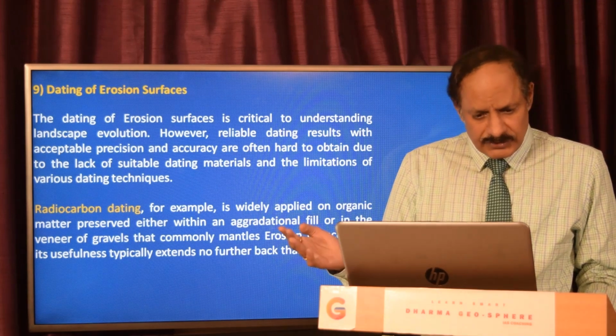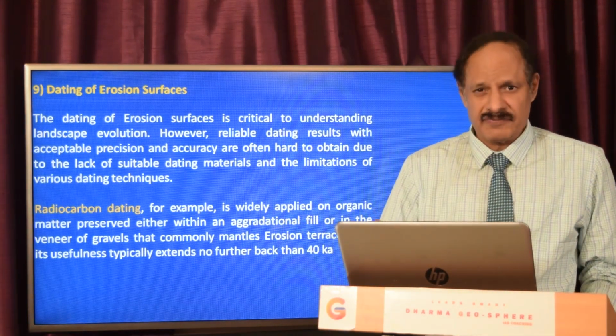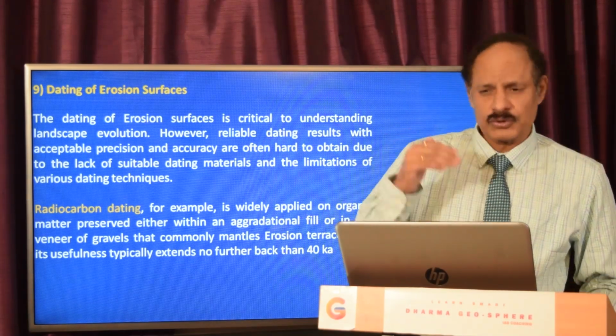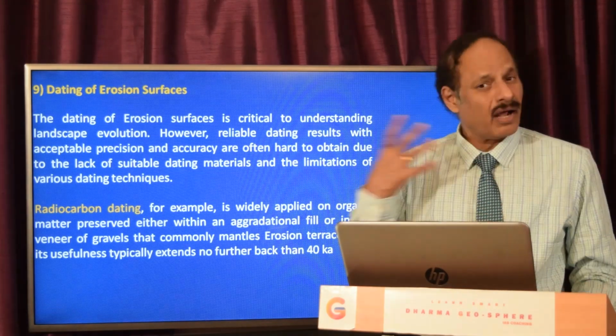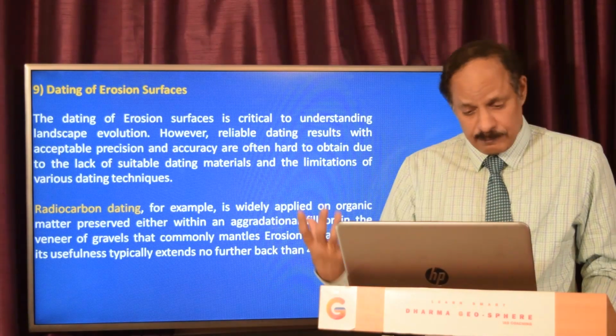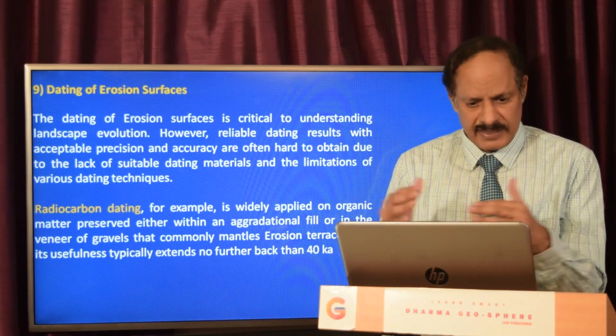Then dating of erosion surfaces. The dating is very important for erosion surfaces, first to identify it as an erosion surface, and also to understand the evolution of the landform in that particular region for doing various plans and maps for developmental activities. The dating of erosion surfaces is critical to understanding landscape evolution.